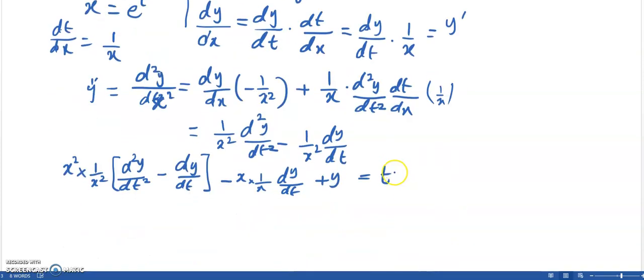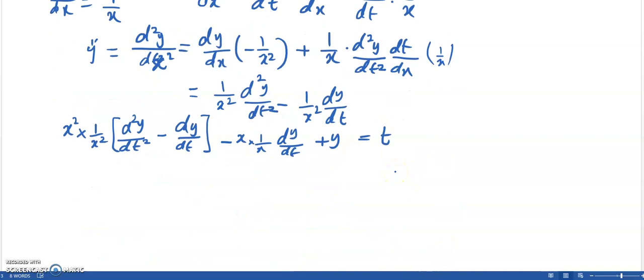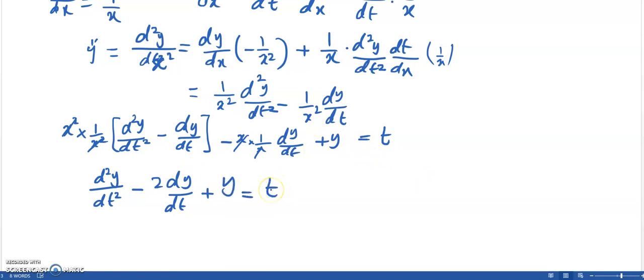So now we can see that this equation simplifies: x square cancels with x square, x cancels with x, so d2y over dt square minus 2 dy over dt plus y is equal to t.